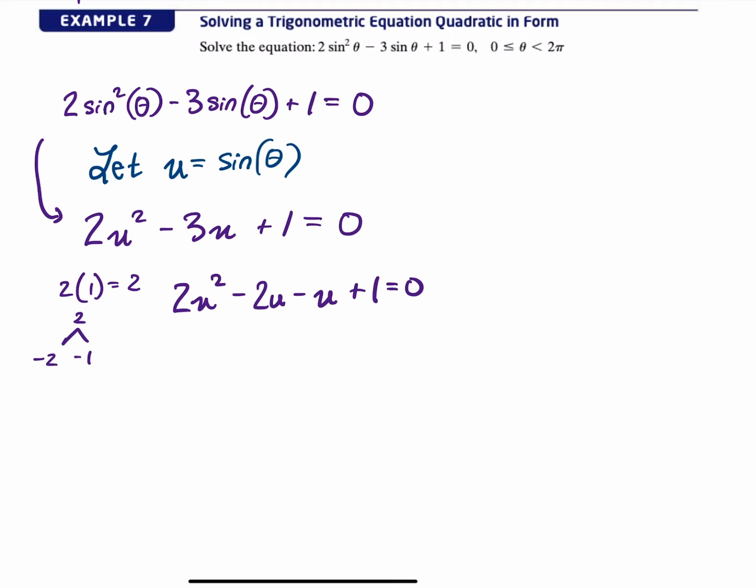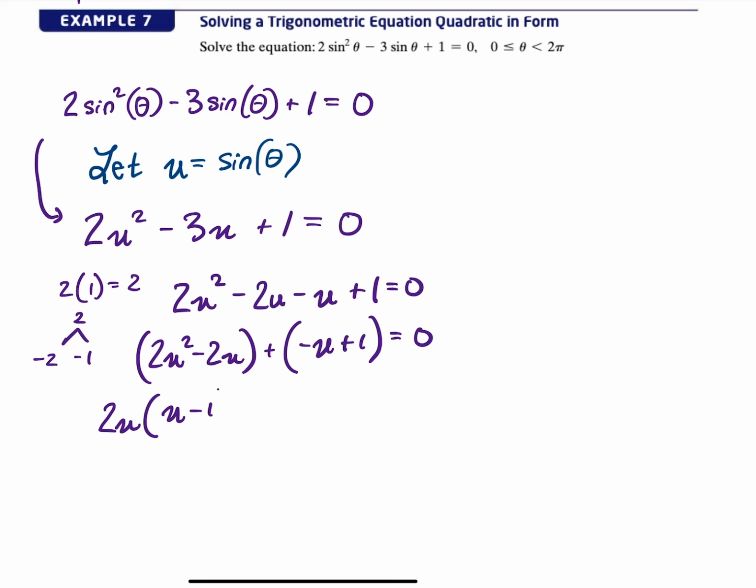And then now I can factor this by grouping. So I can imagine two groups here. Let me first put them in groups. I have 2u squared minus 2u. I'm going to stick a plus in the middle, and then I have minus u plus 1 equals 0. So recall in factoring methods, now we factor as much as we can out of each of these two expressions. So in the first one, I can pull out a 2u, and I would have u minus 1 left over. And remember, with factoring by grouping, I'm trying to produce the same factor over here as well.